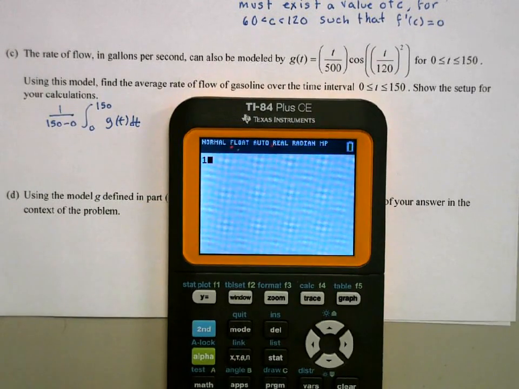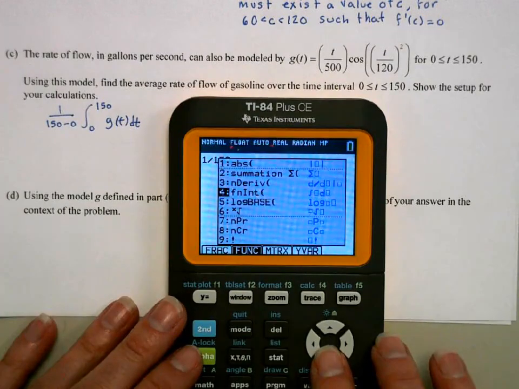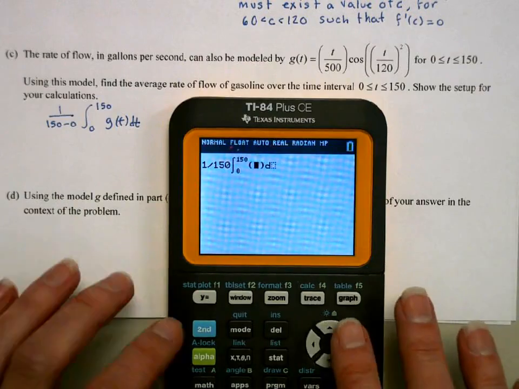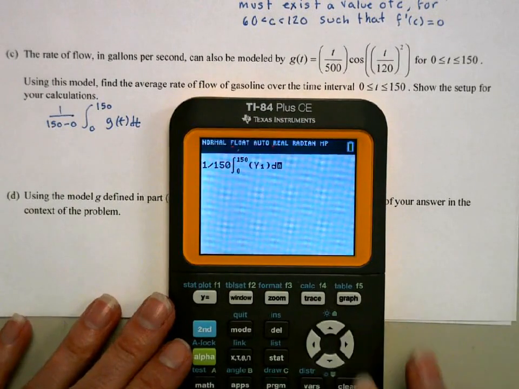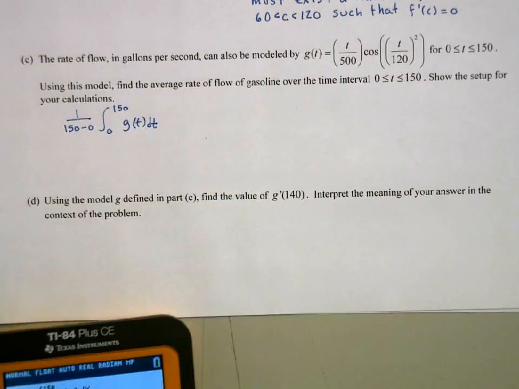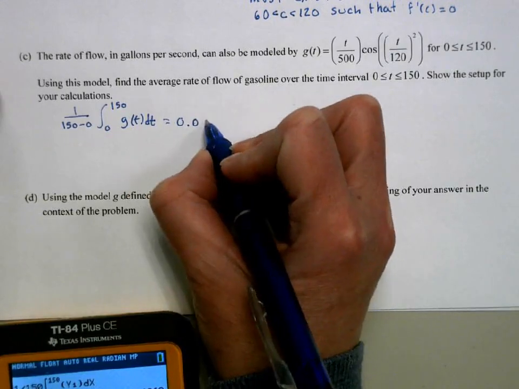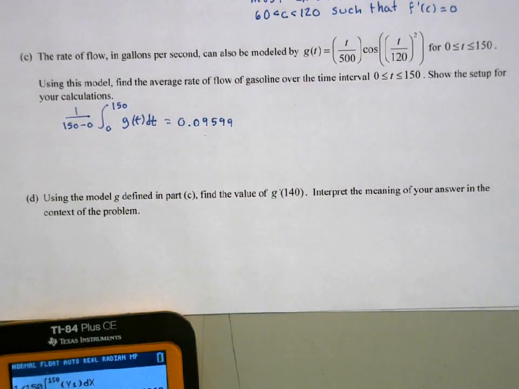So I've got 1 over 150 times the integral from 0 to 150 of that equation that I stored in y1. And our value to 3 decimal places, I'll even give some bonus decimals, so 0.9599. As long as you're accurate to 3, you are good to go.